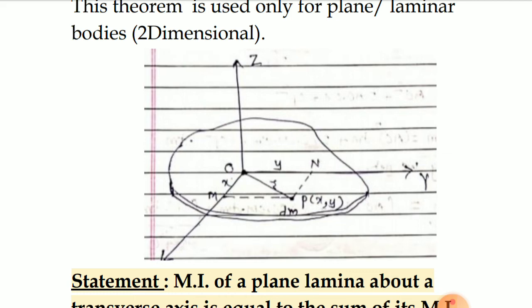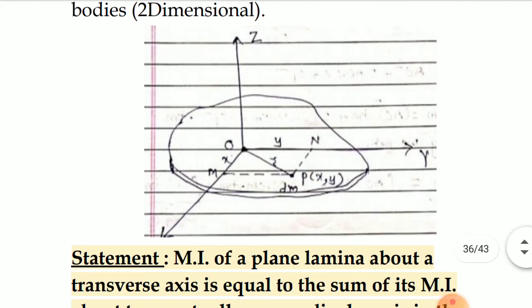So in this figure, you have a plane, two-dimensional object, which has a uniform distribution of mass. There is an axis passing through O which is perpendicular to the plane of that object.